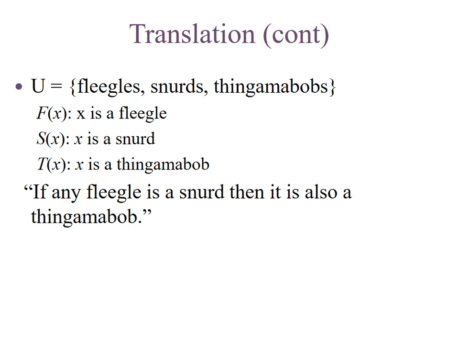All right. So let's see a more compound expression. If any flagle is a snare, then it's also a sigma bar. You need to know the meaning of this sentence first. Does that mean for all or for some? If any flagle is a snare, then it's also a sigma bar.